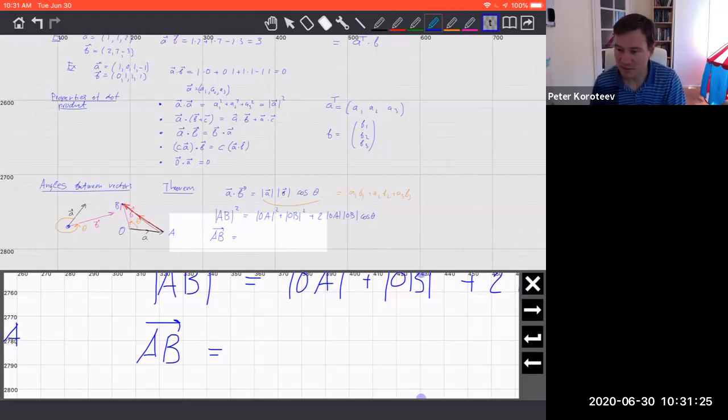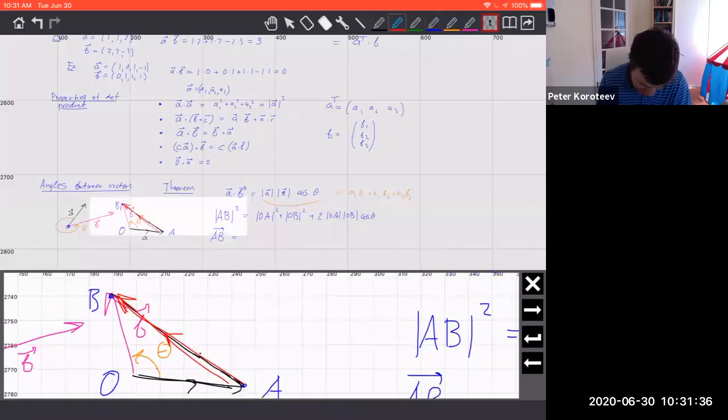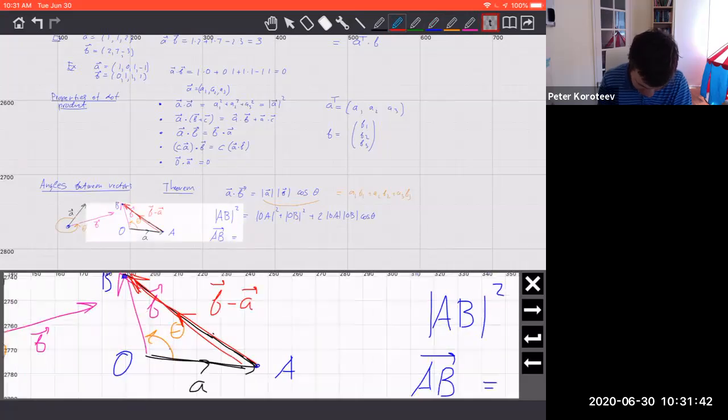But A plus B? Are you sure that it's plus? B minus A. So let's check. So if this is B minus A, then indeed, if you add A with B minus A, you'll get B. That's right.